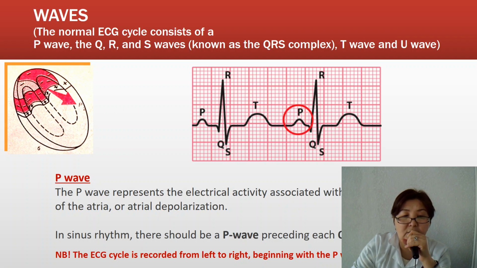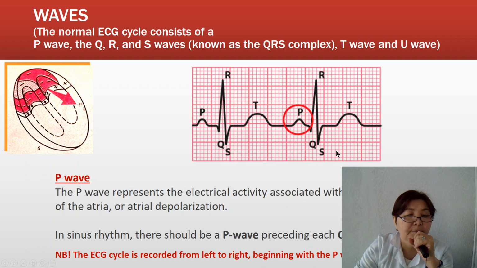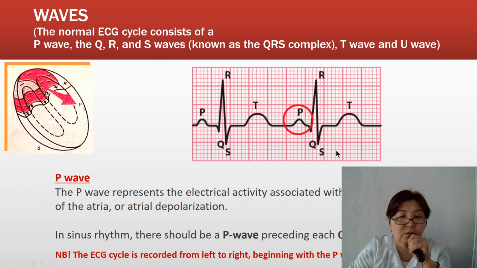In sinus rhythm, there should be a P wave preceding each QRS complex. First P, then QRS complex. P, then QRS complex. Nota bene, the ECG cycle is recorded from left to right, beginning from the P wave.